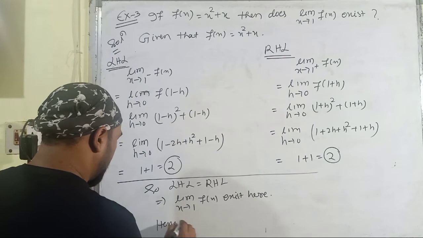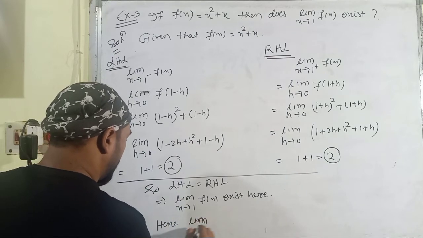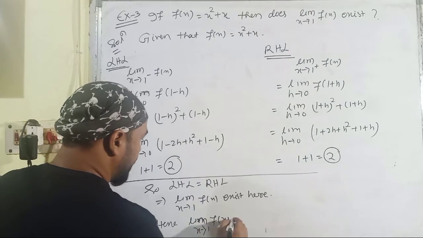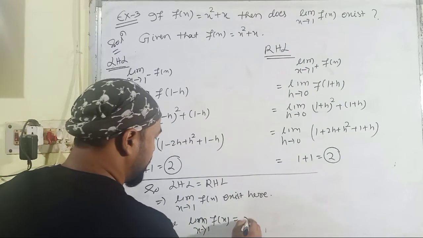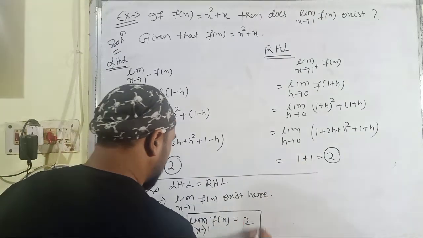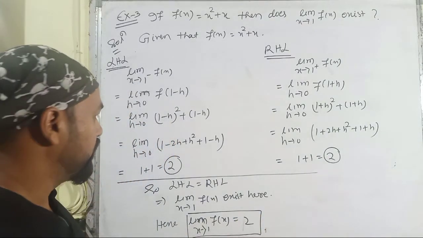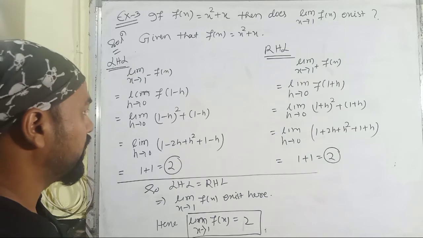Hence, limit x tends to 1 f of x is equal to 2, and this is the complete solution for problem number 3. Then moving to problem number 4.